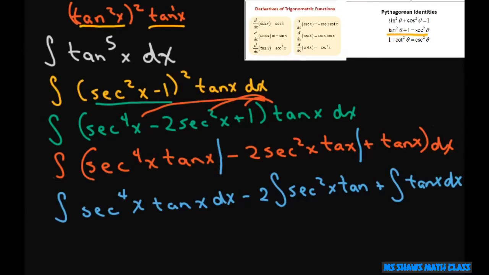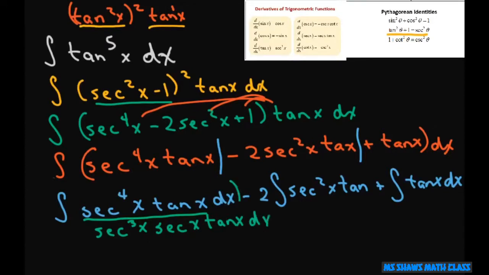Okay, now, before we go further, let's rewrite this a little bit more. I'm just going to rewrite this piece right here. I'm going to write this as secant cubed x times secant x tan x dx.